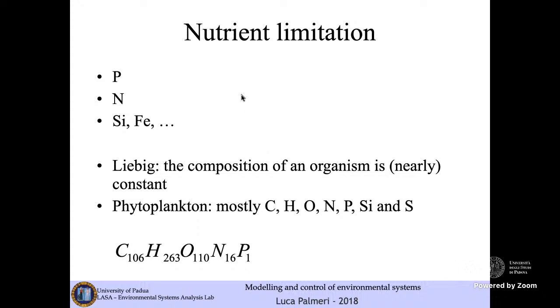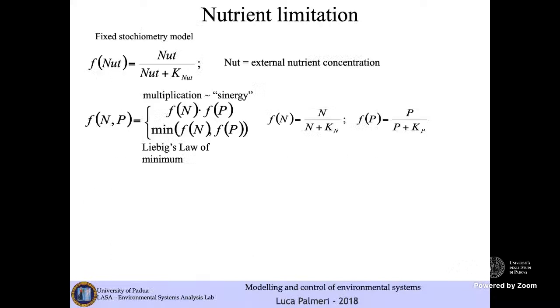In general, the fixed stoichiometry for organic matter tells us that for 1 atom of phosphorus, you shall find 16 atoms of nitrogen, then 106 atoms of carbon, 110 atoms of oxygen, and 263 atoms of hydrogen. So this is a way of formalizing in chemical terms, based on the stoichiometric description, the fact that all biological matter has the same composition.